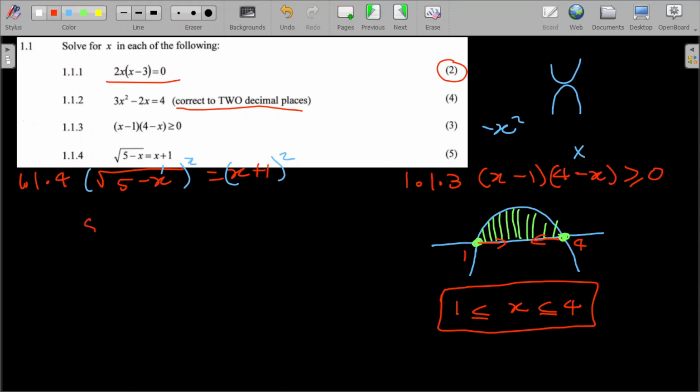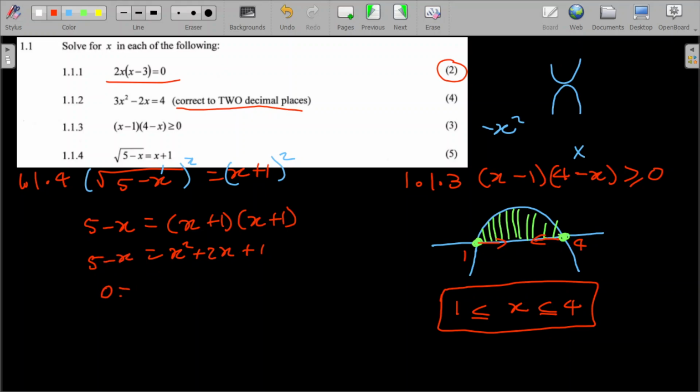So I'm going to be left with 5 minus x, and then equals to this one here. It has to be x plus 1 and x plus 1, and then open the brackets there. It's going to be x squared, then plus 2x, and then plus 1, and then this is just going to be 5 minus x. Now take this to the other side.